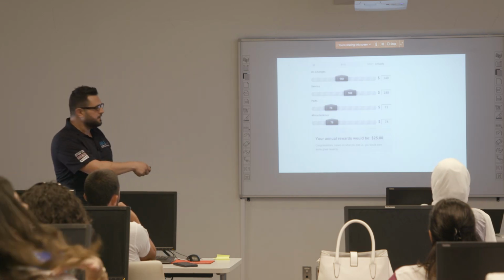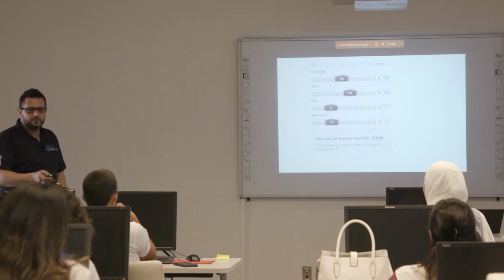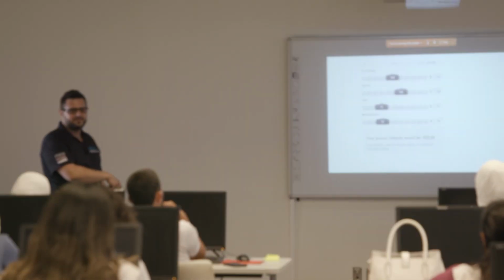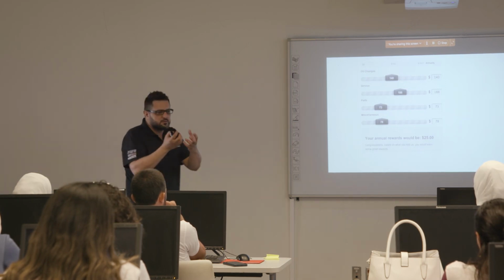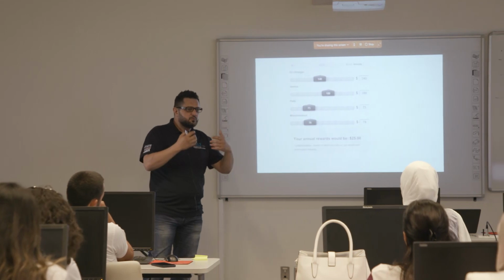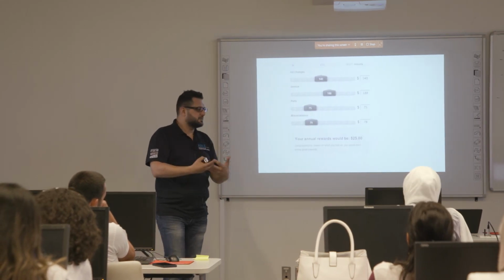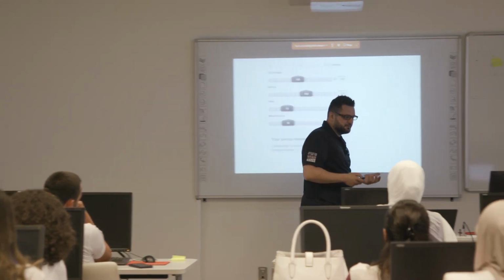Either they can write the value, or if they want to use the cursor, they will see the value over here. So these small ideas or small recommendations would make a big difference in people's lives.